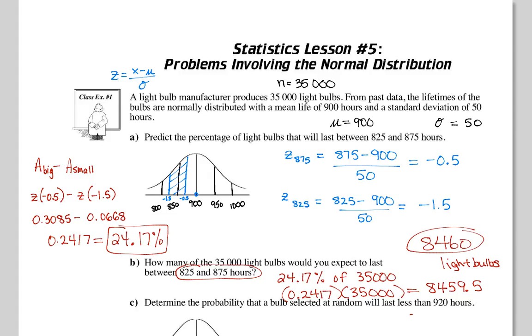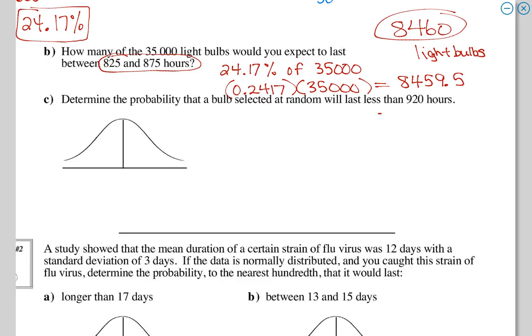Okay, let's do the bottom question. Determine the probability that a bulb selected at random will last less than 920. So this is key. Like, you gotta highlight less. And obviously 920. What goes right in the middle, guys? 900 is the middle, right?